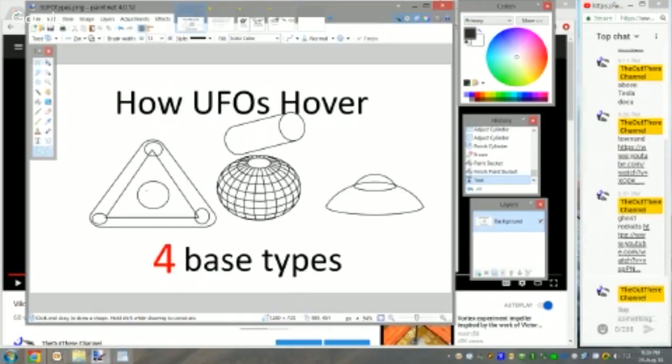But it's got engines to push it along. And these other ones, the cylinder, the sphere, and the dome-shaped ones are possibly alien technology where they're using the field entirely around the objects. Obviously, the perfect shape's going to be a sphere because you can have a field just like a Tesla coil that goes all around it, so you can move it any direction you like.